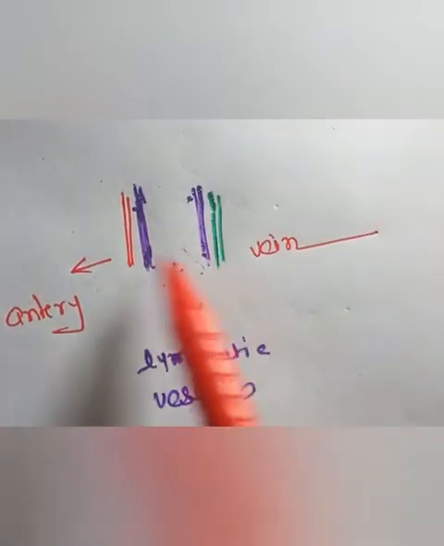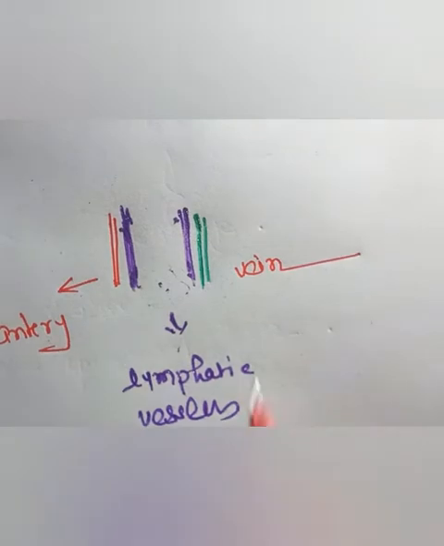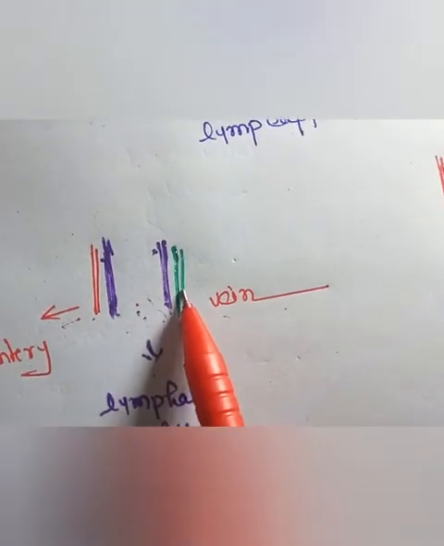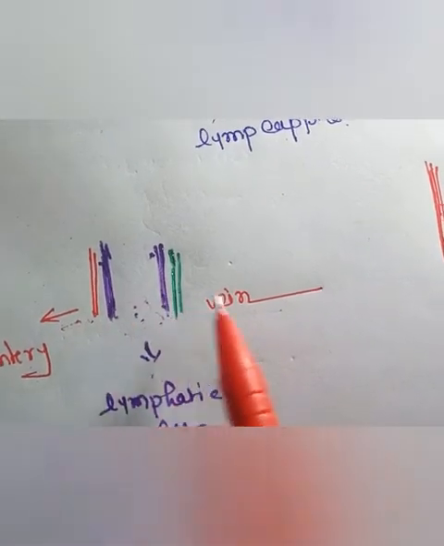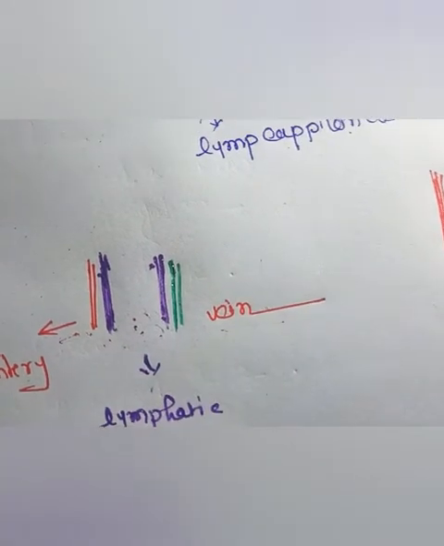And by the side of the lymphatic vessels there are also arteries and veins. So the lymphatic vessels are squeezed by the pulsation provided by the arteries and veins, which pass side by side.